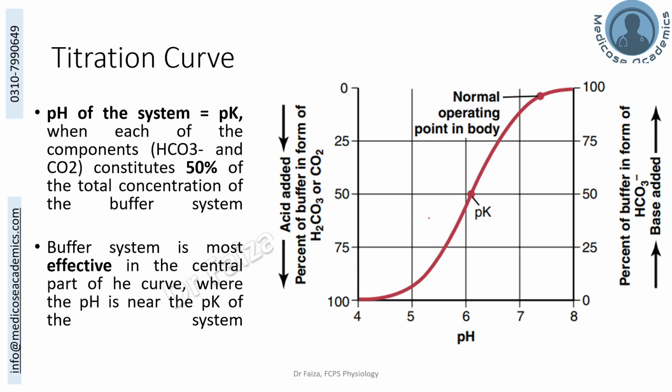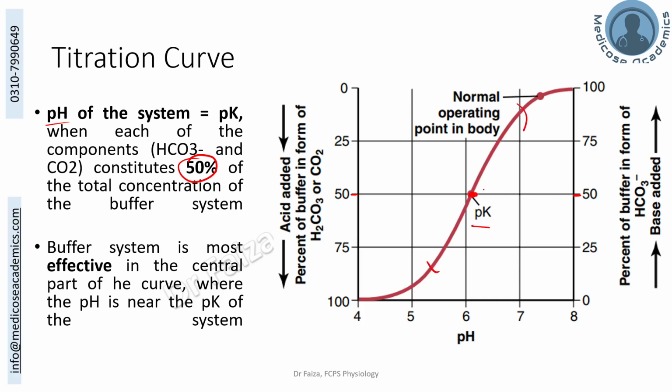Important thing to understand over here is the concept of the pK. pK is the pH of the system at which both the acidic and basic components constitute 50% of the total concentration of the system. As you can see, 50% and 50% of both constituents, and the pH at this point will be known as pK. The buffer system is most effective in the central part of the curve.